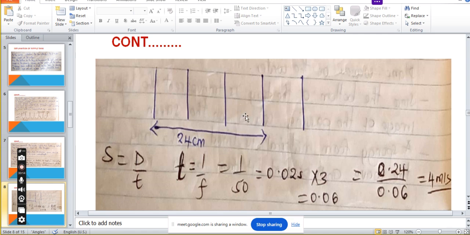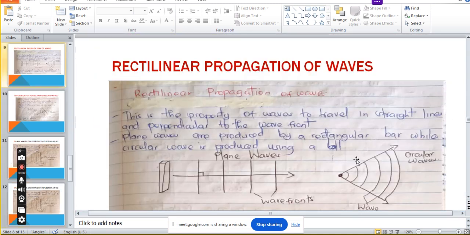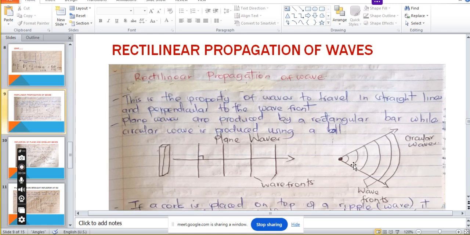How many spaces are there? 1, 2, 3. So there are 3. And 1 is 0.02, so you multiply by 3, you get 0.06. So you have 0.24 divided by 0.06. So your speed will be 4 meters per second. Good.